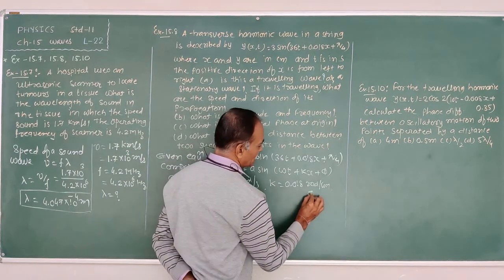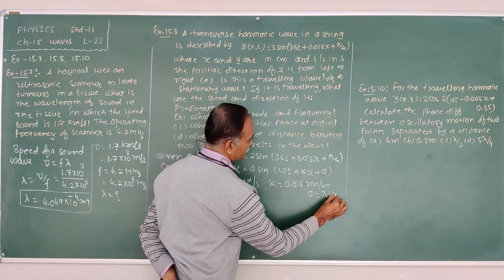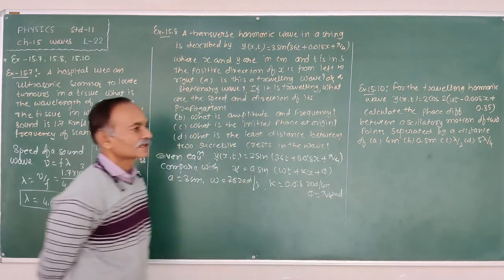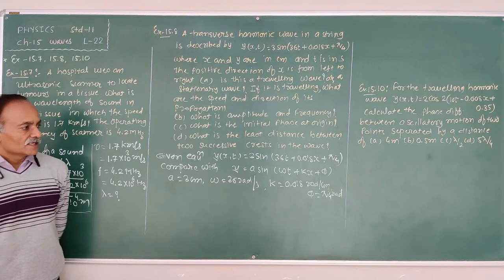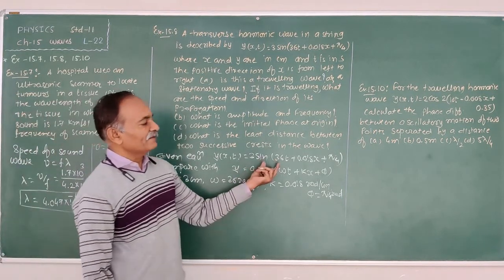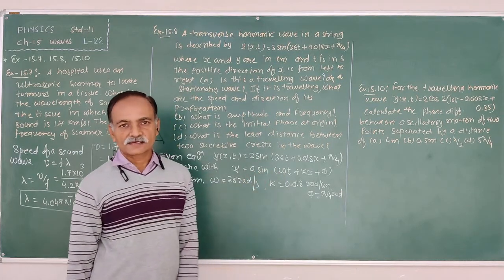And phase phi is equal to pi by 4 radian. So this is the information we obtain from the given equation as we compare with our standard equation.